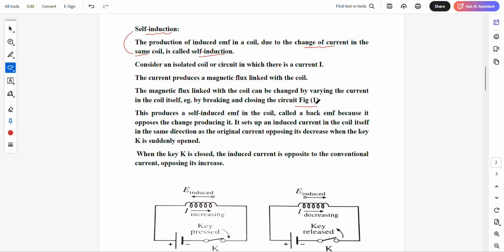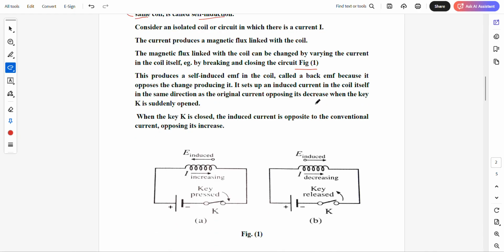We have to refer to figure 1. Here you can see the key. When the key is pressed, the circuit will be closed and the current will be increasing. Now if I release this key, the key is open, and the current will be decreasing here.